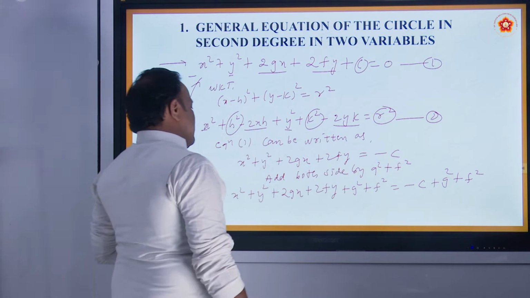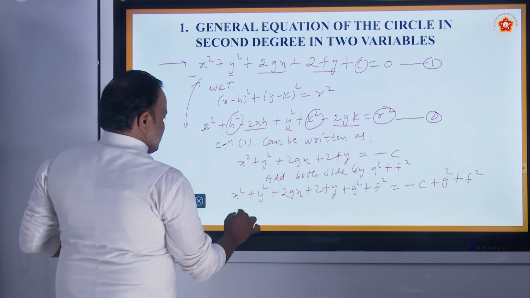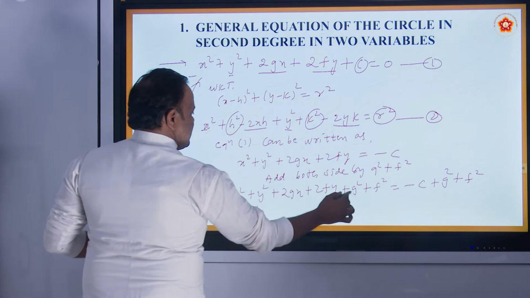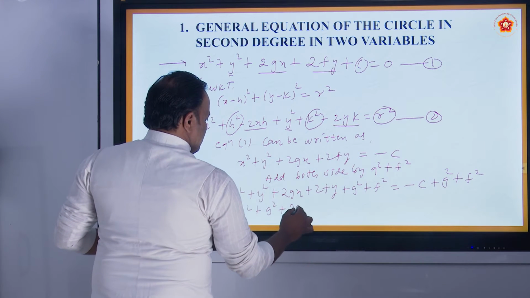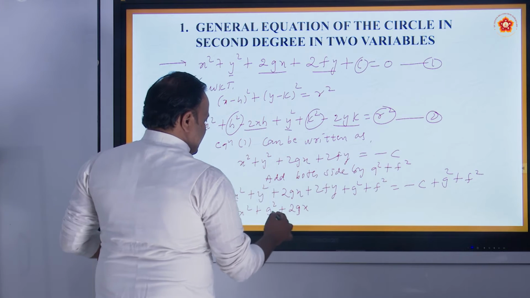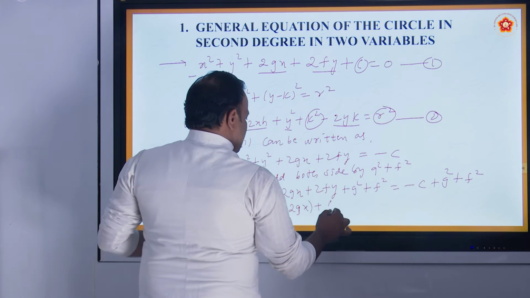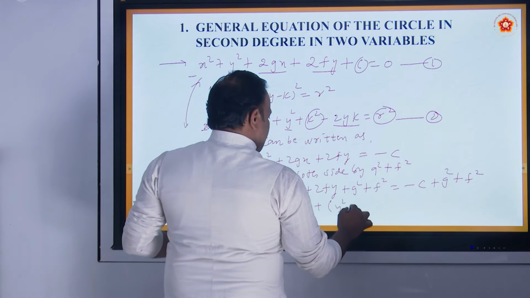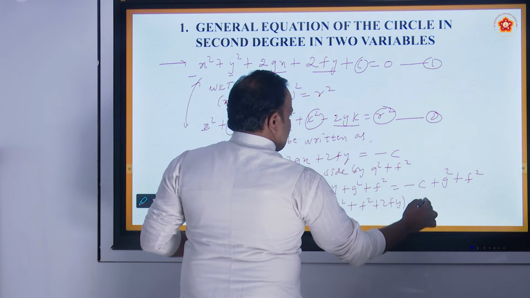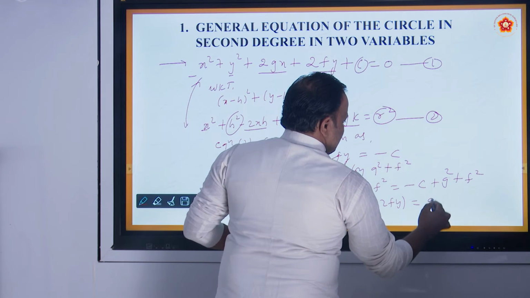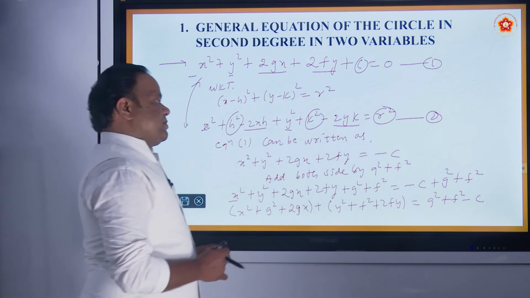Now rearrange the terms. Write x square plus g square plus 2gx as one group, and another group is y square plus f square plus 2fy, is equal to the RHS, g square plus f square minus c.